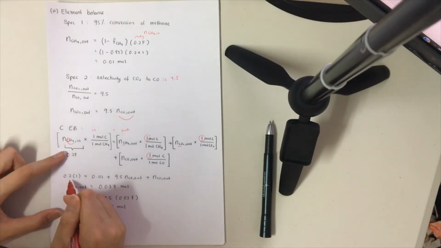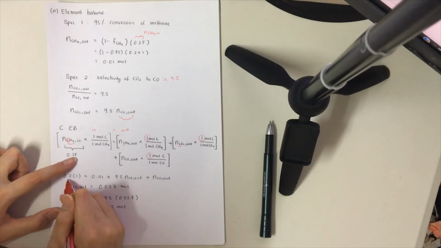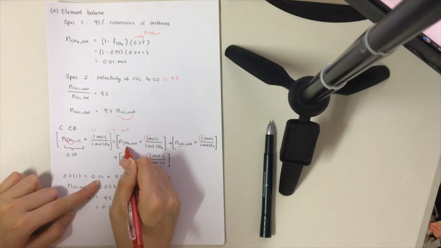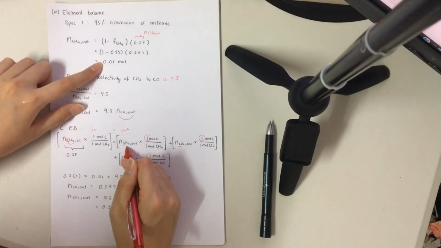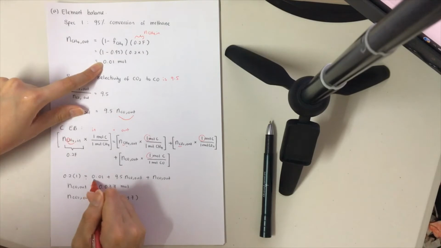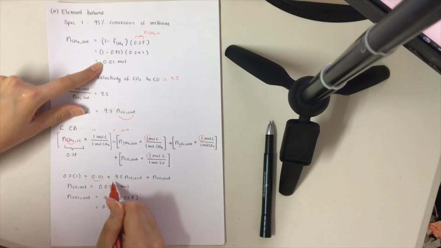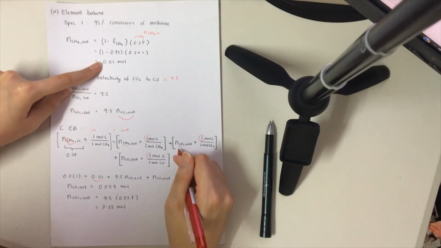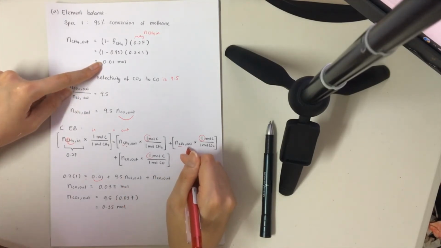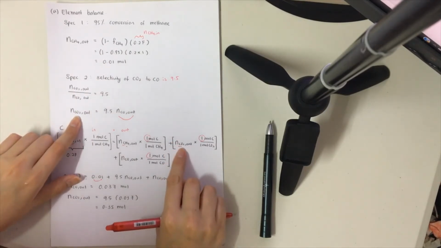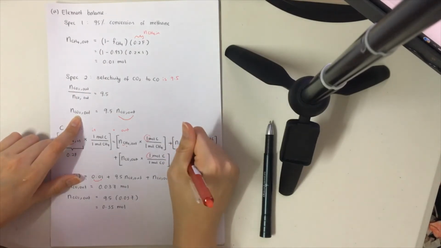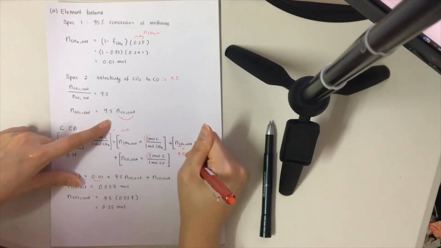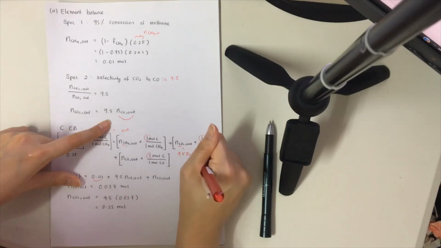You have, this is 0.2 times the feed F, which is 0.2 times 1, equals to this one found over here, 0.01, plus, so notice that this part here is number of CO2 coming out, so this is equal to 9.5 multiplied by the number of mole of CO coming out.